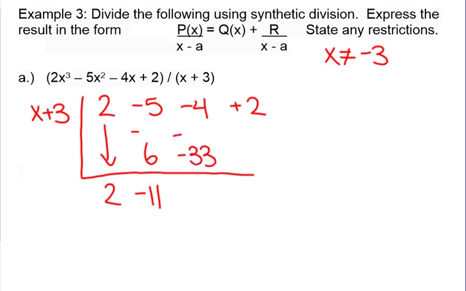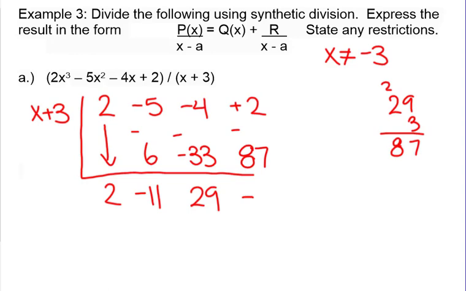Negative 4 subtract negative 33 is 29. 29 times 3, oh, is a large number. 29 times 3 is 87. So positive 87. 2 subtract 87 is negative 85.